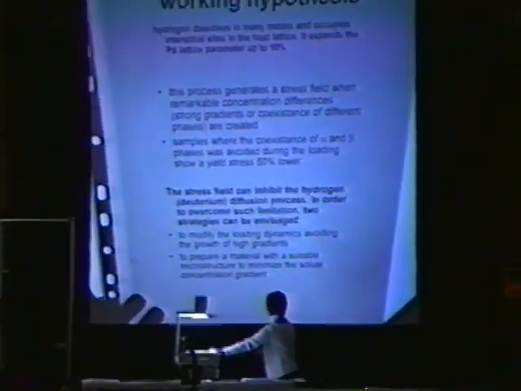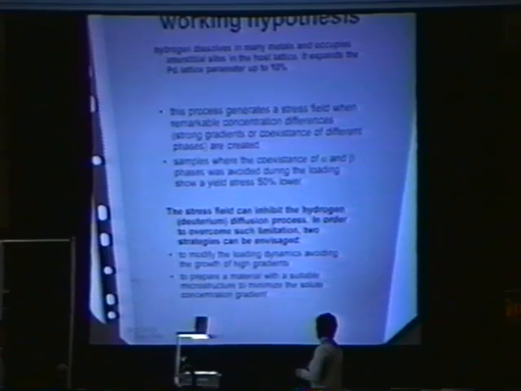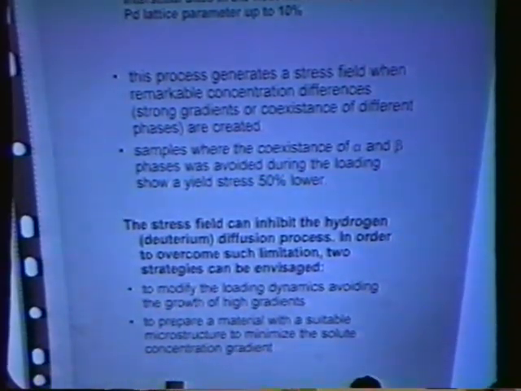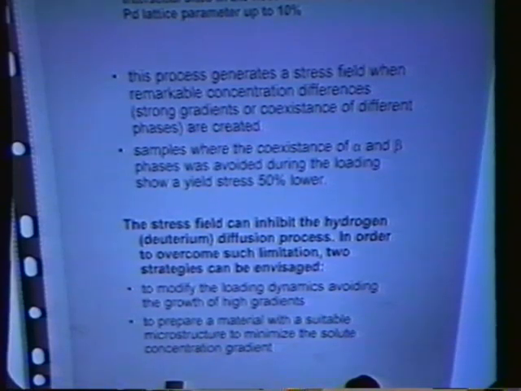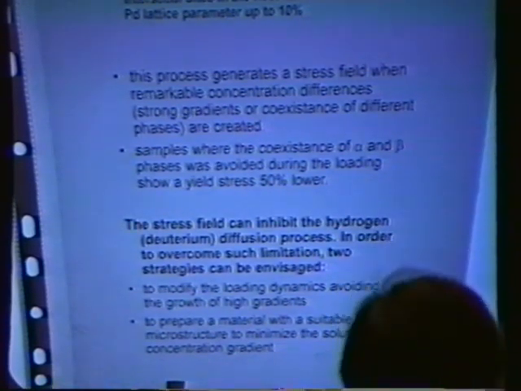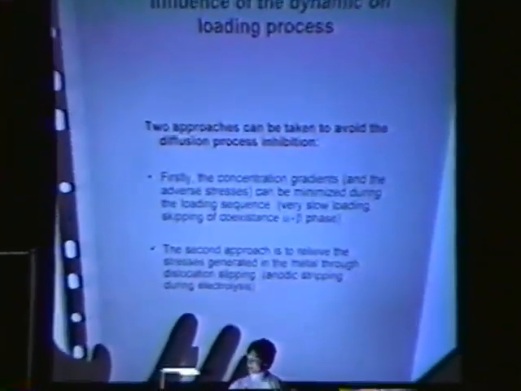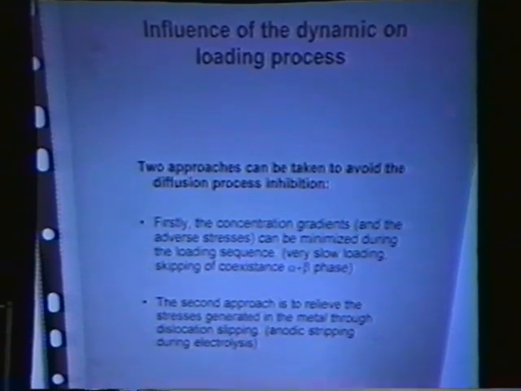So the strategies that we imagine are to modify the loading dynamics, trying to avoid the growth of high concentration gradients, and then to prepare a material with a suitable microstructure to minimize the concentration gradient of the solute inside the lattice. So we started to study the influence of the dynamic of loading on the loading process. We tried two approaches.